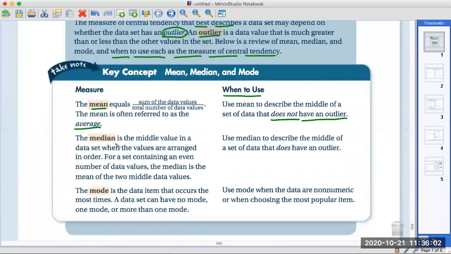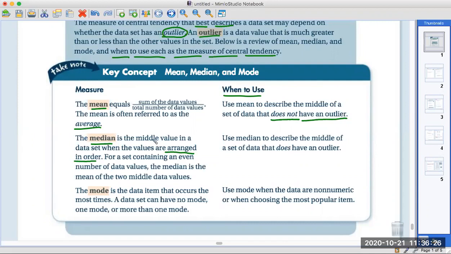The median is the middle value, but you have to put the numbers in order. So this is important. So they have to be put in order from smallest to largest, and then you pick the middle. Sometimes there are 2, if it's an even data set, even numbers, like 10 numbers, you're going to have 2 numbers in the middle.